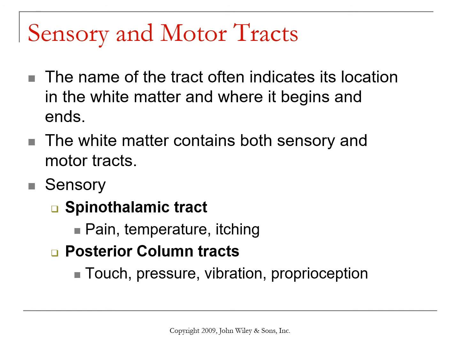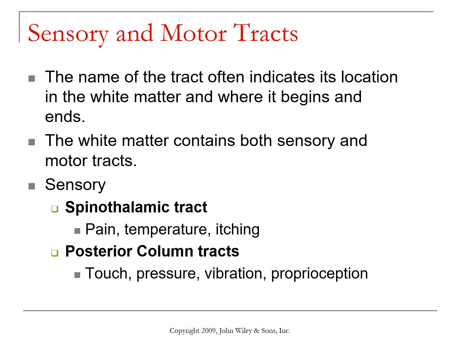Let's move on to consider some integrative pathways now, looking at sensory and motor tracts. We did look at these when we were introduced to them in the spinal cord. Again, the name of a tract often indicates its location in the white matter and where it begins and ends.